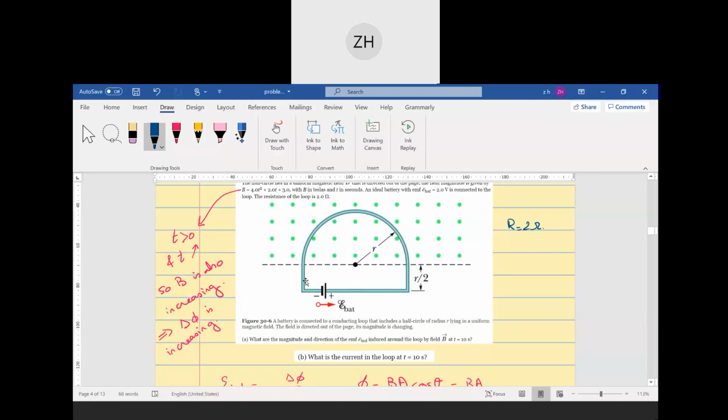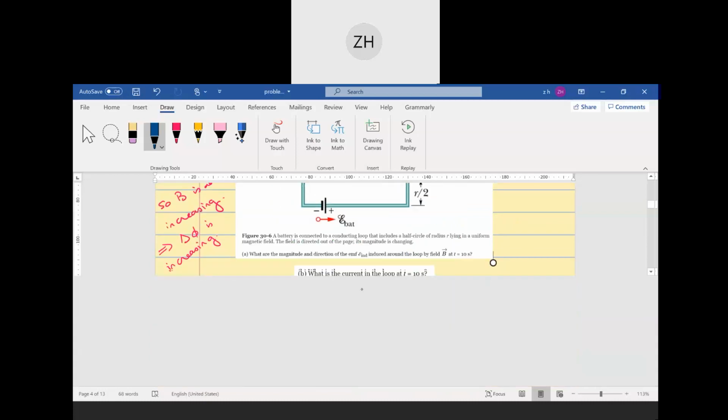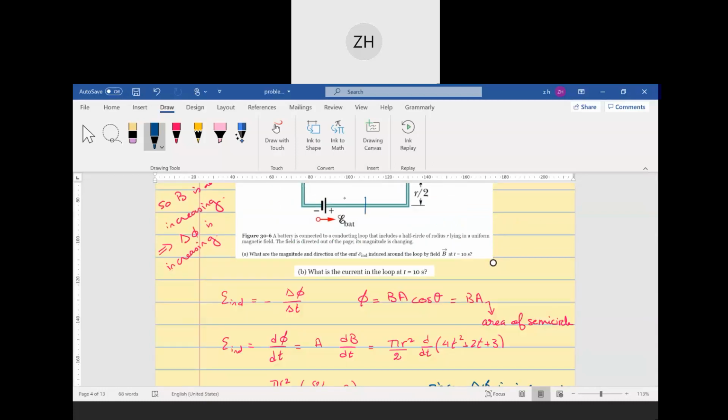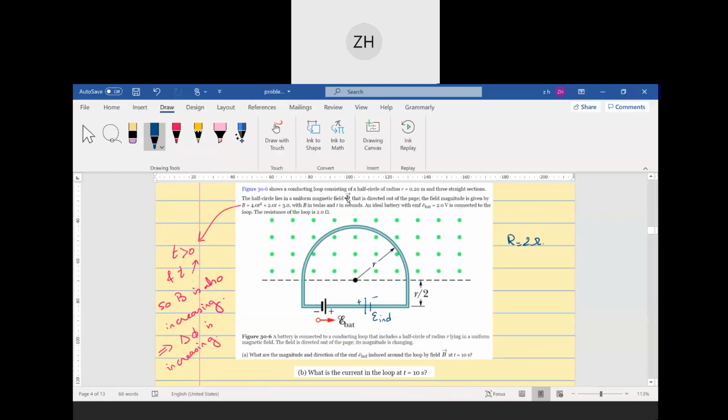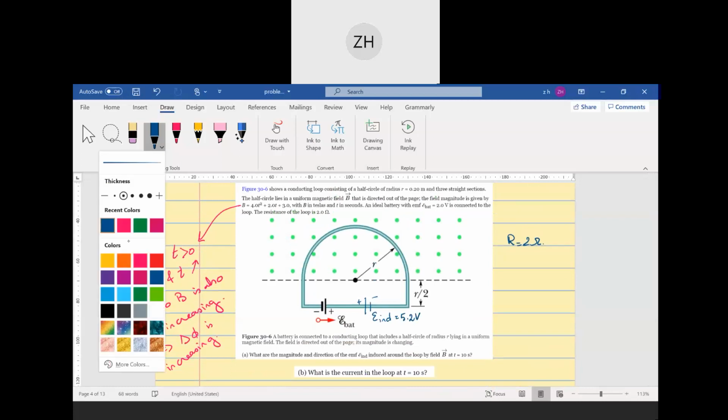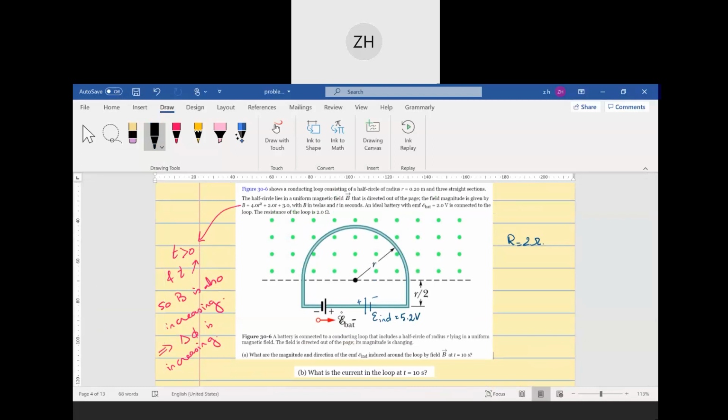Now, since the direction of the induced electromotive force is clockwise, then it's actually going to look like this. This is E induced. And so it's opposing the electromotive force of the battery. Now we found that E induced is 5.2 volts, while E of the battery was given to be 2 volts. E induced is more than E of the battery, so the total current will have the direction of E induced.